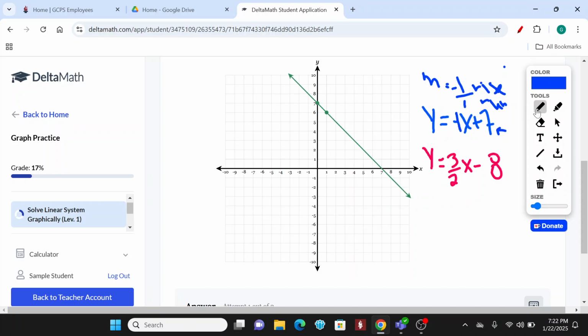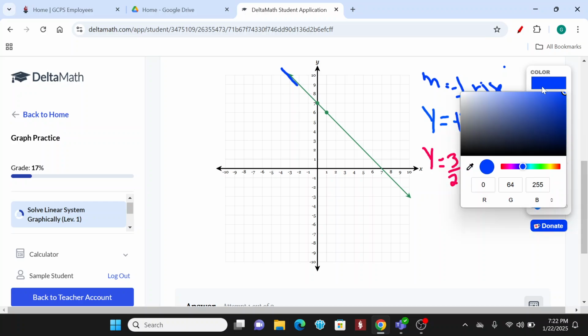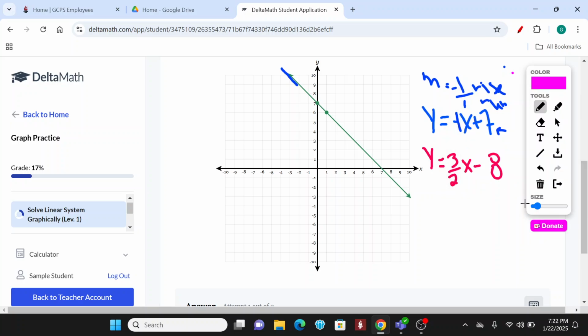And this is our blue here. So now we're going to do our second one, which is in pink. So first of all, negative 8 is our y-intercept. So we go to negative 8 down here, right? And we're going to put a dot there.